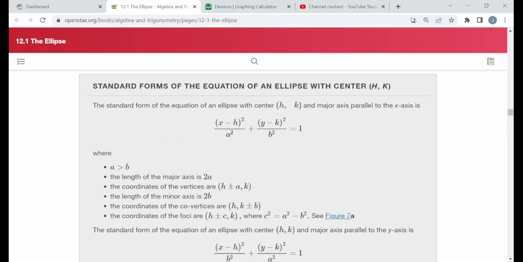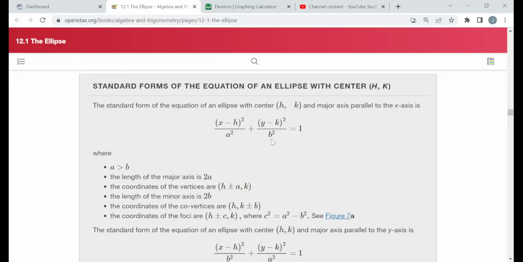In either case, you're going to have the quantity x minus h squared divided by some number, plus the quantity y minus k squared divided by some number, equals 1. When the major axis is parallel to the x-axis, underneath the x minus h squared term you have a squared, and underneath the y minus k squared term you have b squared.